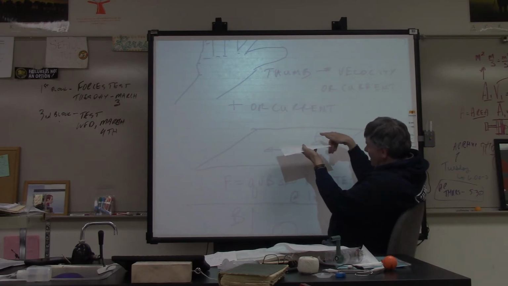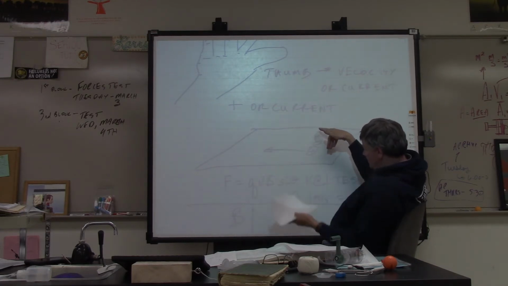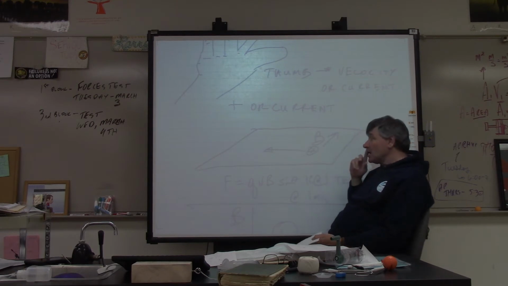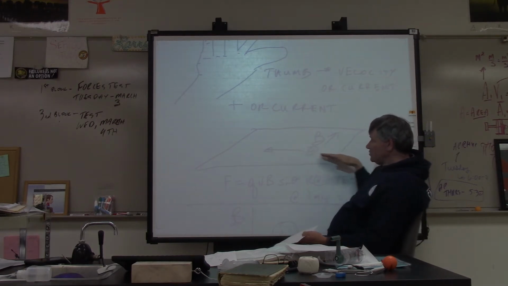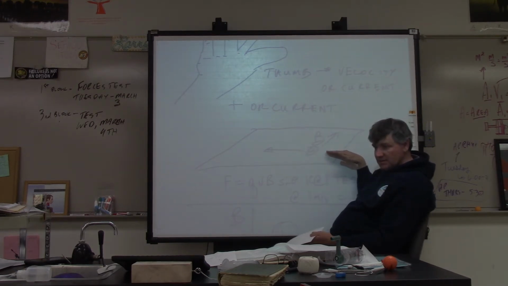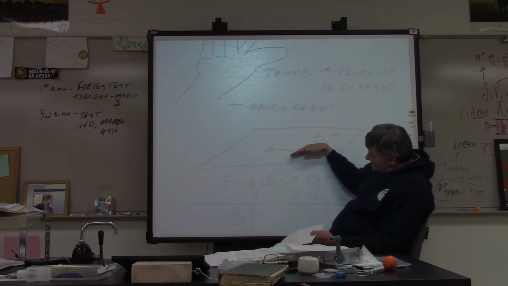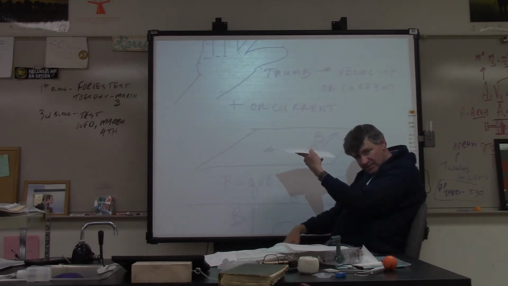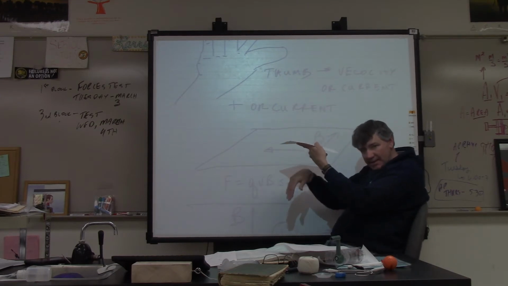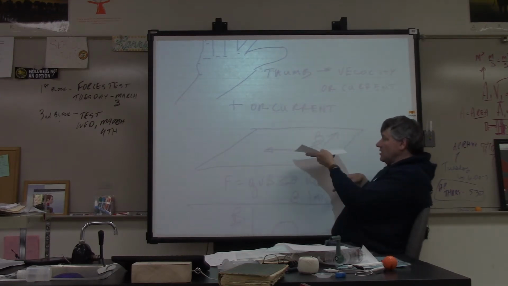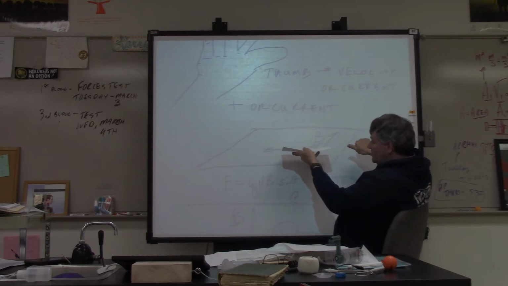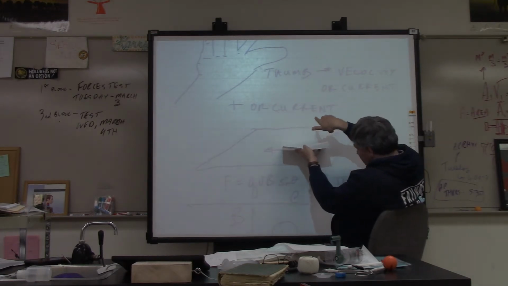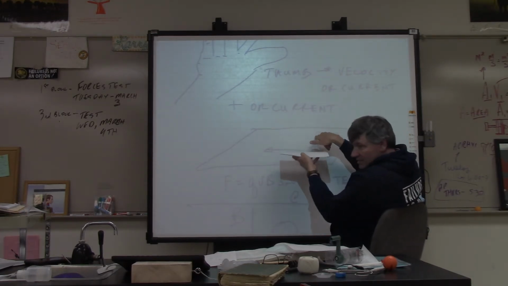And then what that means is that my force is pointing downward. So if this proton was coming in like this, it would force this proton down into a circular path as long as it was in that magnetic field. Okay? So you're like this with your thumb. The magnetic field is pointing into the page.